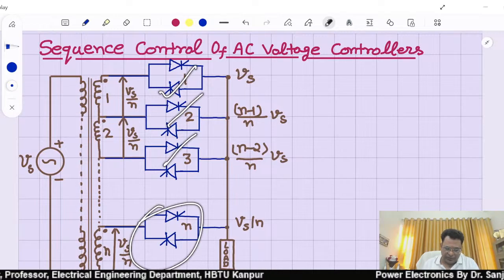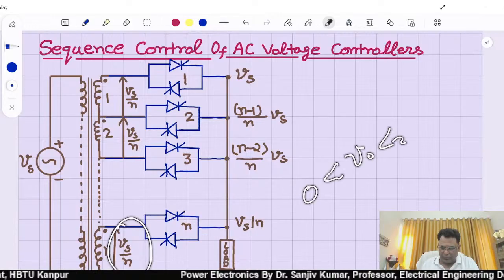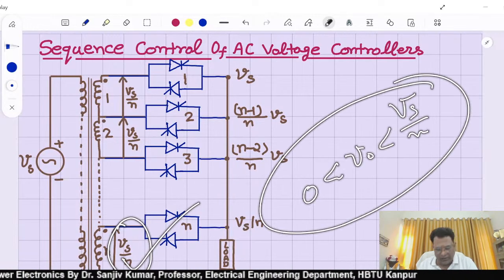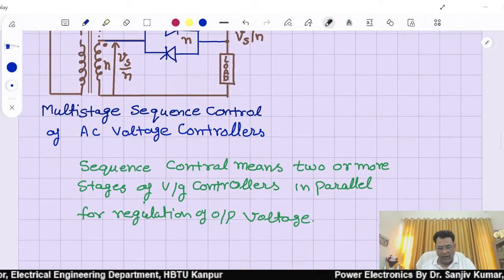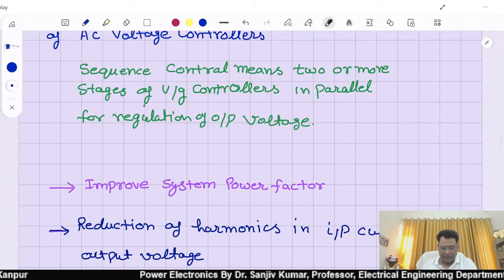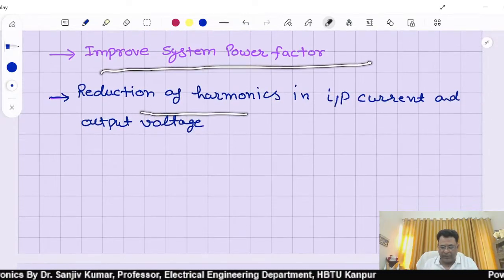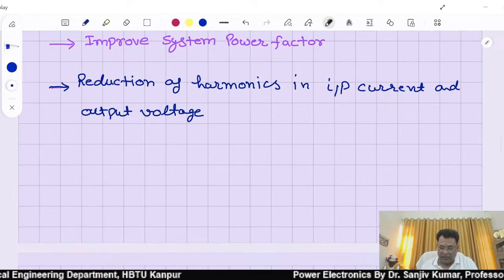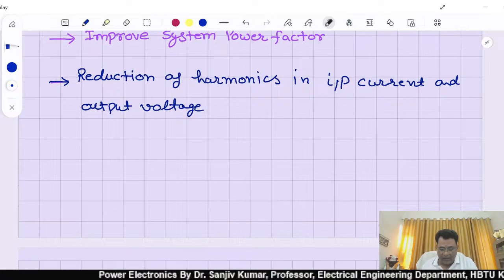Only this one is to be controlled to control the voltage between 0 less than V output less than Vs by N, right? So for this only one controller is being used. Now I have already told you, these are used to improve the system power factor as well as improve the harmonic THD, harmonics in input current and the output voltage.